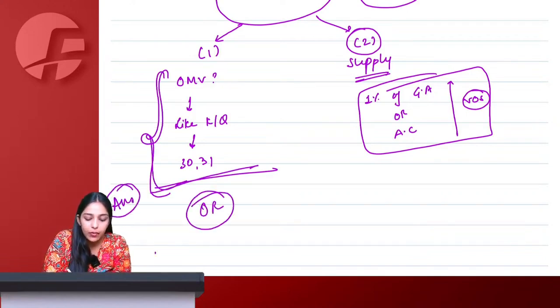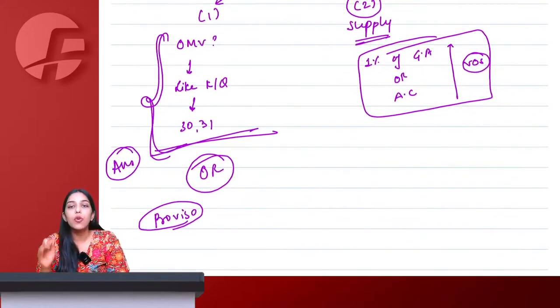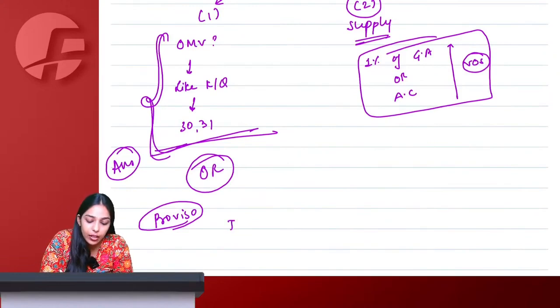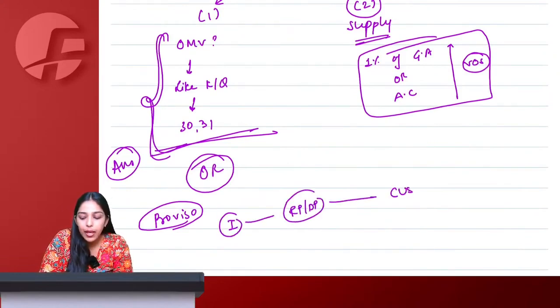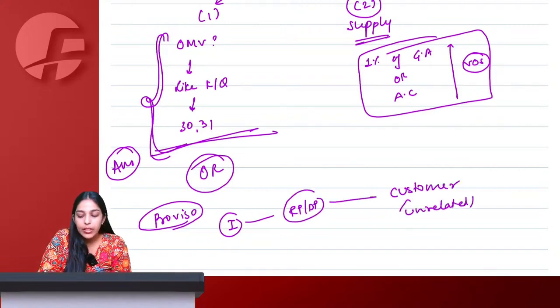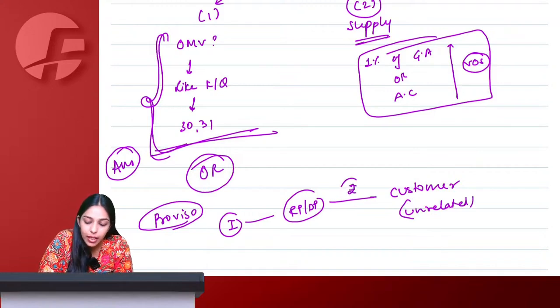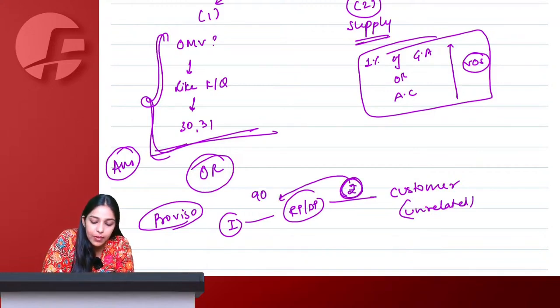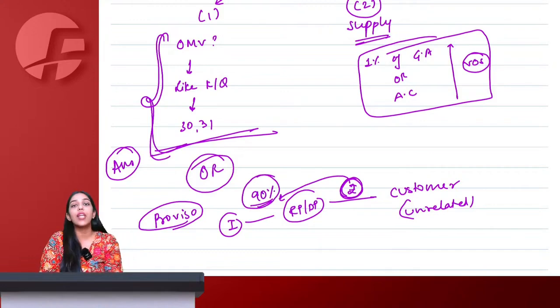Then I can compare it with the proviso to Rule 28. The proviso says that if I supply to my related or distinct person, and they further supply it to their customer who is unrelated to them, then whatever price they are charging, I can simply take 90% of that price to be my value of supply.